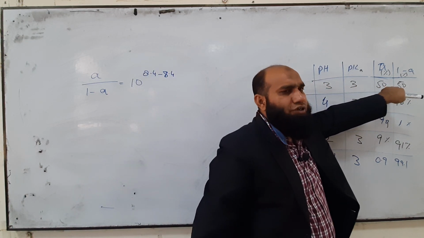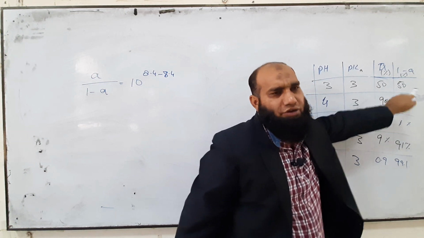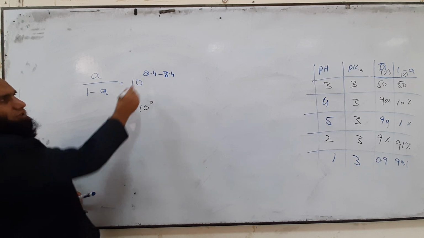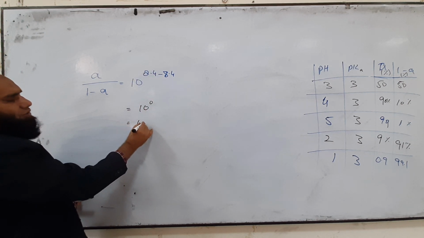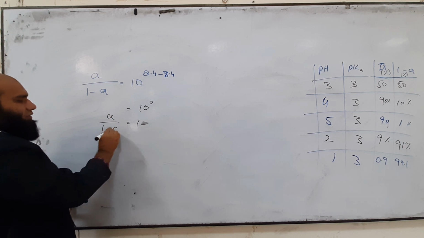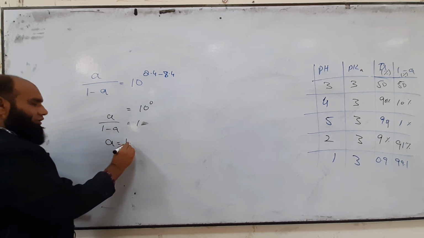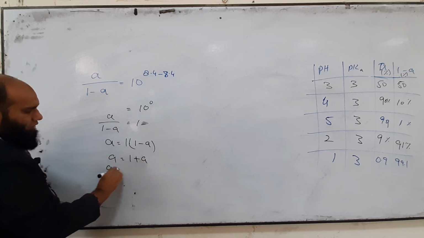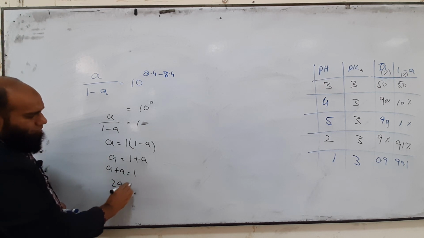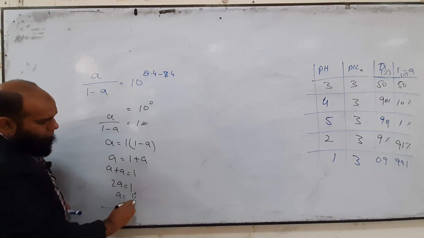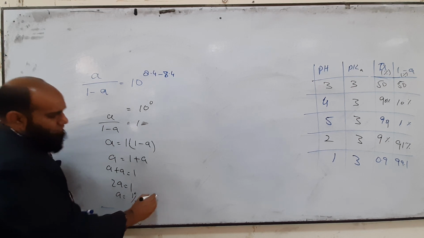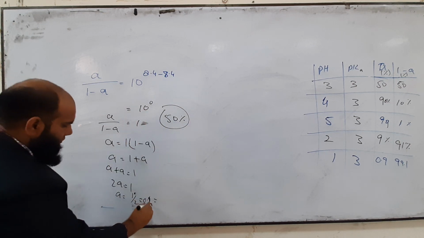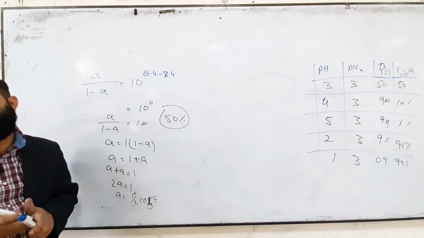Assume that 50% of drug is ionized and 50% of drug is unionized. For example, here we have 10 raised to the power 0, 8.4 minus 8.4, so 10 to the power 0 is 1. Ionized over 1 minus ionized equals 1, so ionized equals 1 minus ionized, 1 plus ionized, equals 1, 2 ionized equals 1, and ionized is 1 by 2, which is 0.5, or 50%.